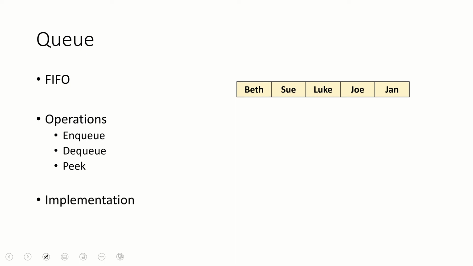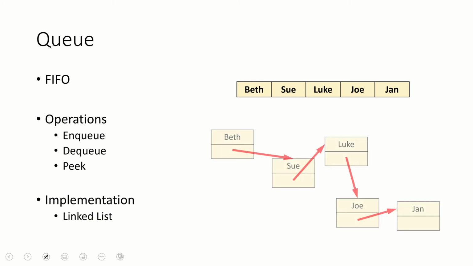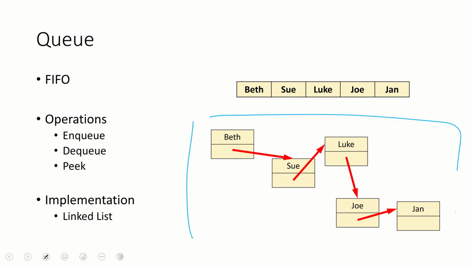Obviously, in the current line, the first one will be the base. We can implement this data structure using a linked list, right? The same idea. In this example, obviously this is a linked list. If we want to enqueue, it means we want to add a new node at the end of the linked list.